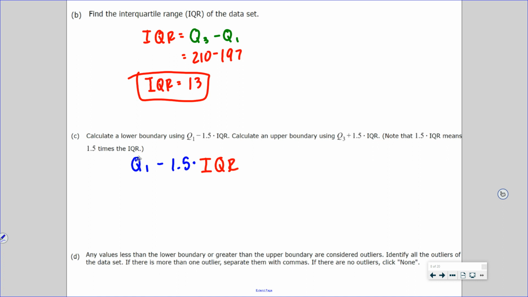Okay, my lower quartile was 197. So then I'm going to take 1.5 times 13, and I'm going to subtract that from my 197, and that's going to give me what we call our lower boundary.